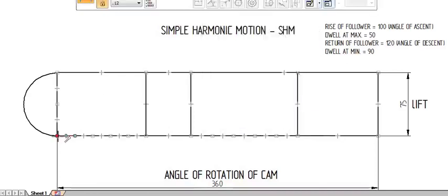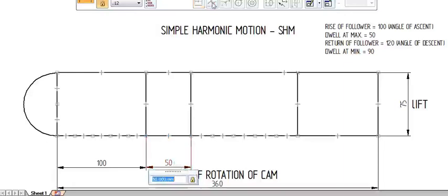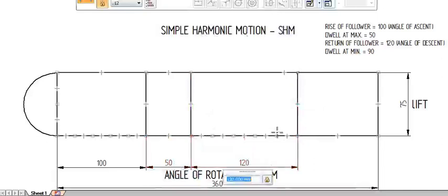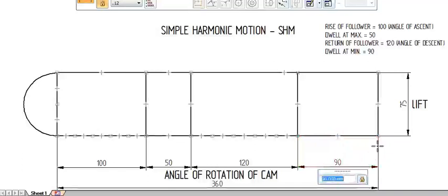So I will show the measurement. This is the 100 degree, which is the rise of the follower. This is the dwell at maximum, which is 50 degree. 120 degree, that is return of the follower, and last one dwell at the minimum.